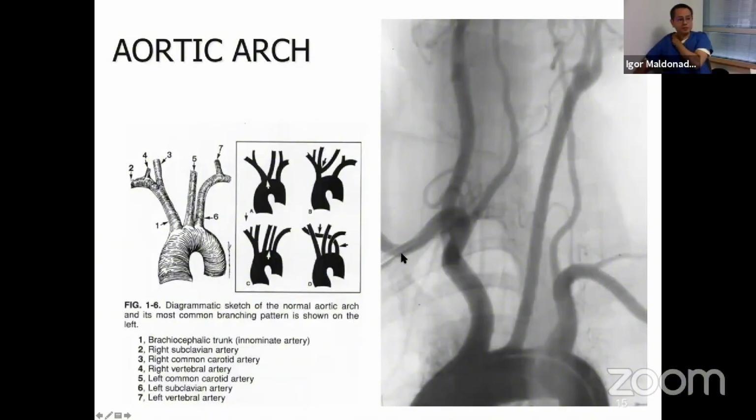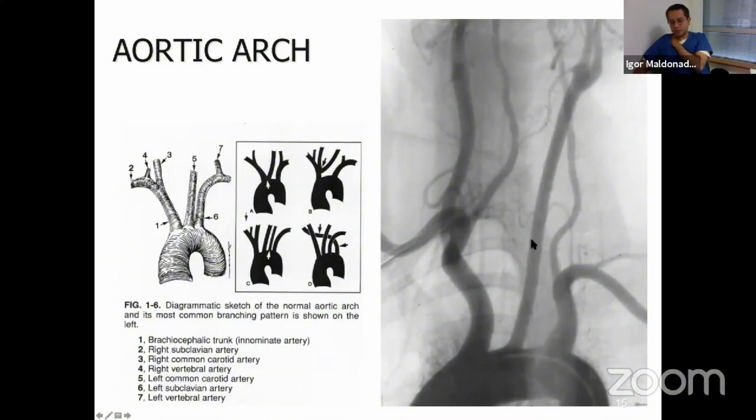Here we see an image of an angiogram, and you see once again the most common presentations. In the angiogram, we recognize the innominate artery, the brachiocephalic trunk, and the emergence of the vertebral artery just proximal, at the level of the superior aspect of the subclavian, just before the internal thoracic artery.